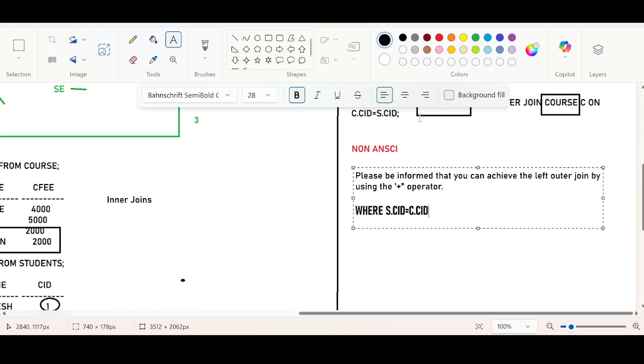We use this plus operator towards the right side. After the equal to operator, we use the plus operator towards the right side. Okay. This will be treated as what? Left outer join. Left outer join.